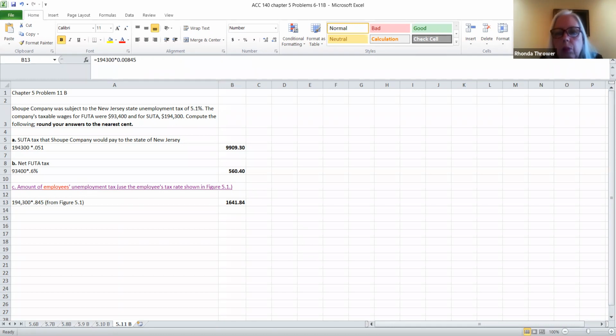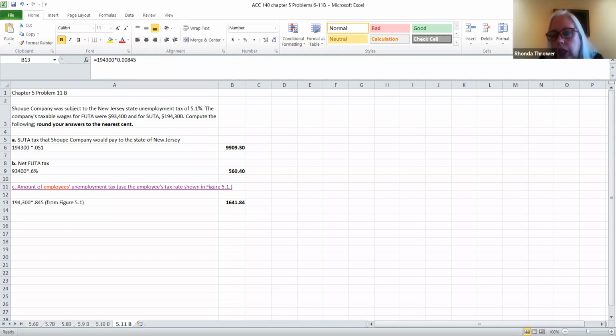Notice the column on this chart says this is what the employee pays. Not all states require employees to pay, but some states that have a high amount of unemployment require their workers to pay an additional tax in addition to FICA, the Social Security and the Medicare tax.